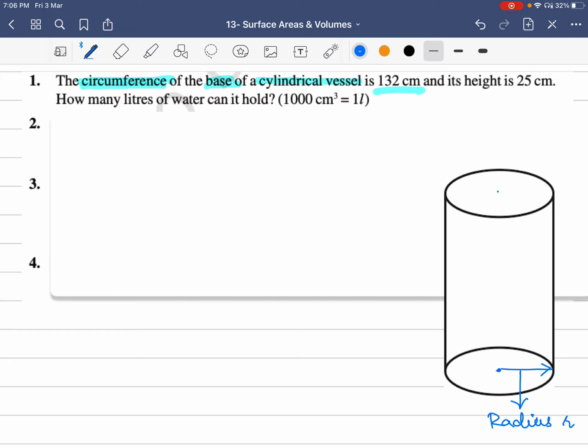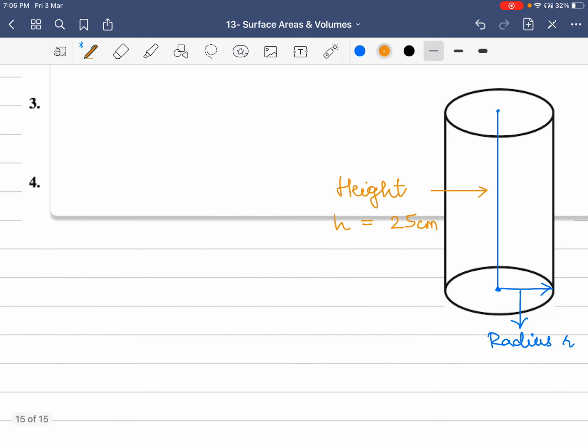If this is the center of the top circle and this is the center of the bottom circle, and we connect these two centers, that becomes our height h. Height h is given to us, h is equal to 25 centimeters, and the radius is not given to us. Radius we have to calculate.